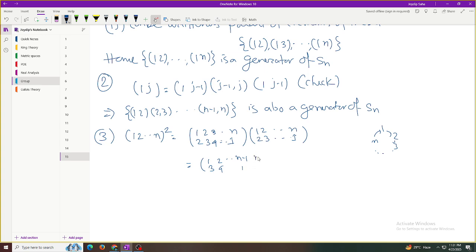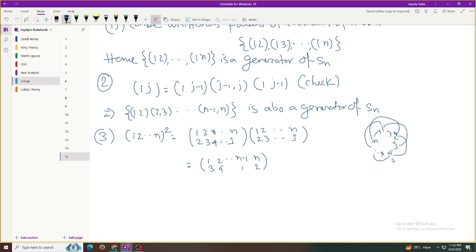So 1 goes to 3, 2 goes to 4, 3 goes to 5, 4 goes to 6, so n minus 1 goes to 1 and n goes to 2.